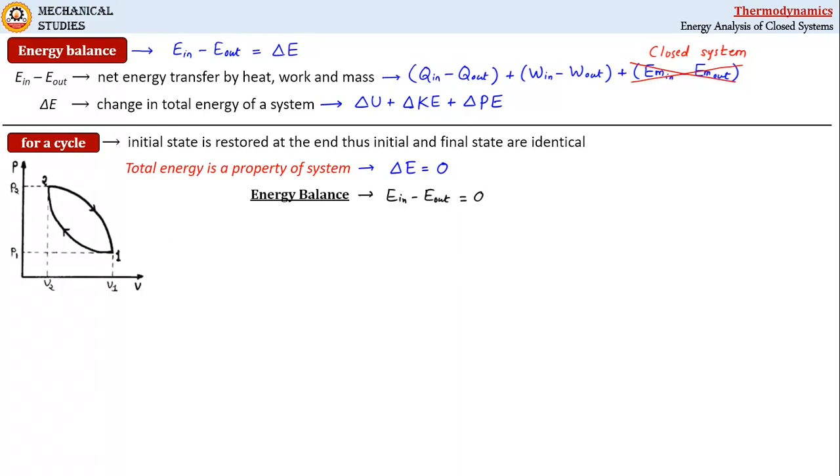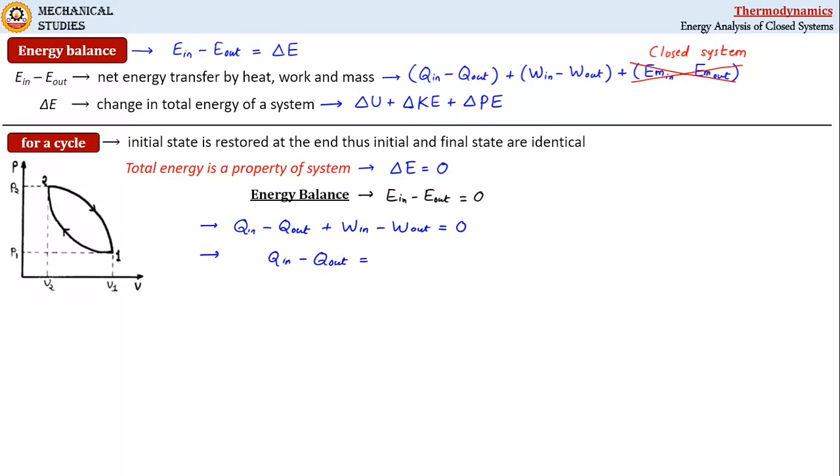Okay. So by considering energy transfer here, we can write in the next line as Q in minus Q out plus W in minus W out. This will be equal to 0, or we can write in the next line as Q in minus Q out.